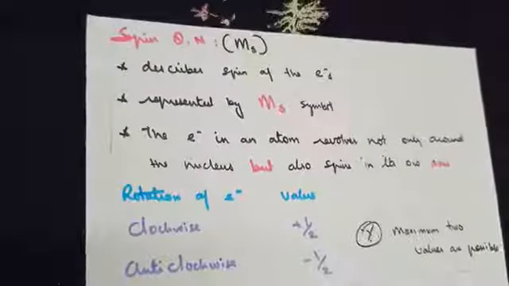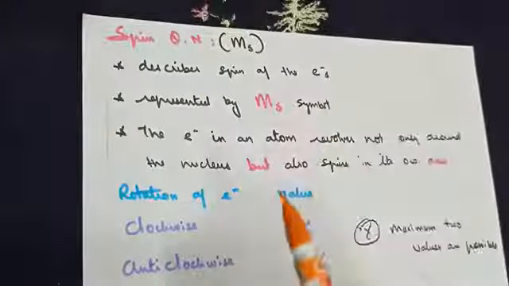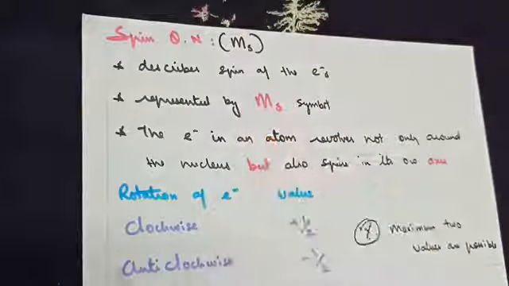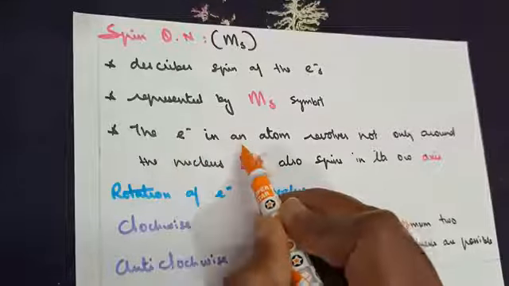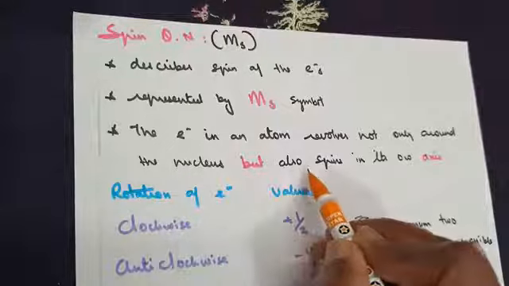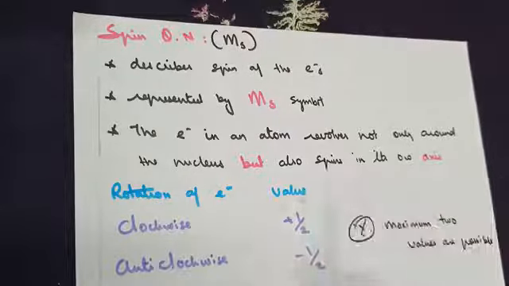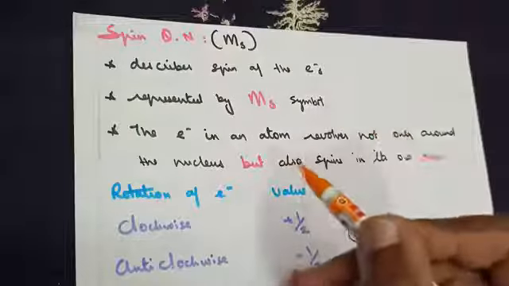And the last one, the spin quantum number, represented by ms. It describes the spin of the electron. The definition is: the electron in an atom revolves not only around the nucleus but also spins on its own axis. You know that electrons are revolving around the nucleus.